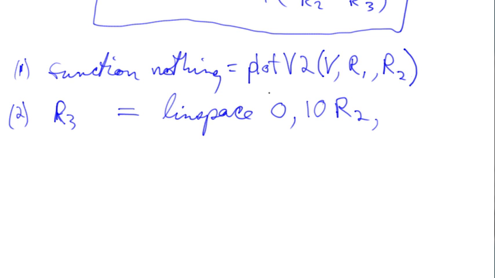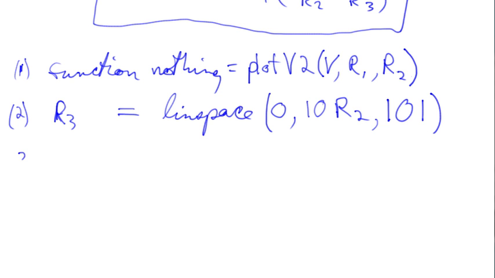And how many of them do I want? I think, let's try 100. And if it doesn't look smooth, I'll go 101. If R2 is 100, then it'll be 1 through 100 plus the 0 value, that's 101 instead of 100. If it doesn't look smooth, then I can just bump up that number.